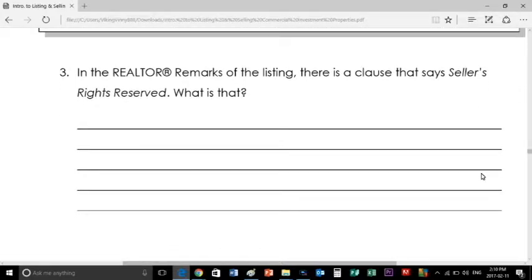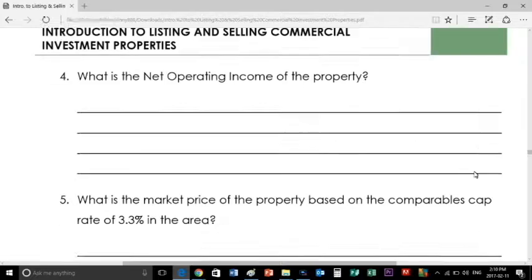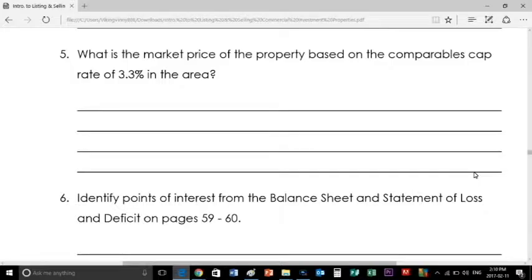3. In the realtor remarks of the listing, there is a clause that says seller's rights reserved. What is that? What is seller's rights reserved? 4. What is the net operating income, NOI, of the property? 5. What is the market price of the property based on the comparables cap rate of 3.3% in the area? 6.